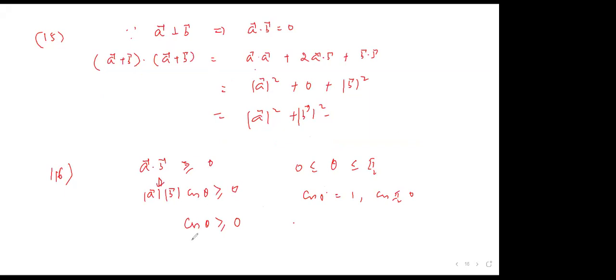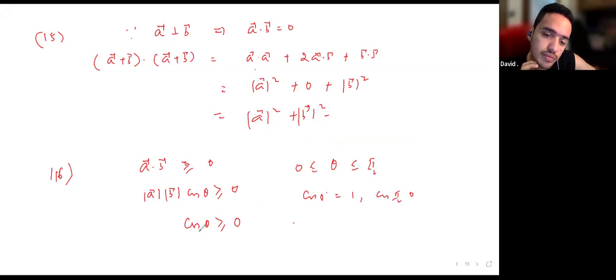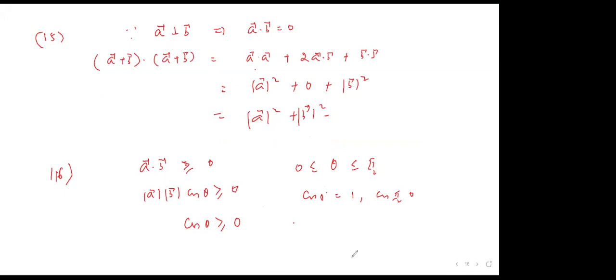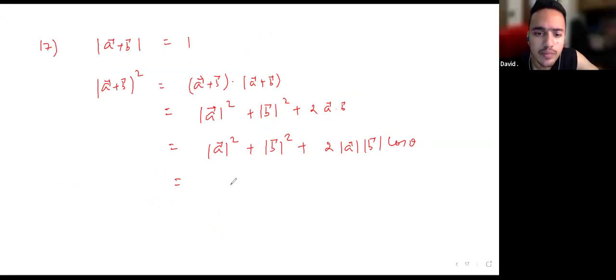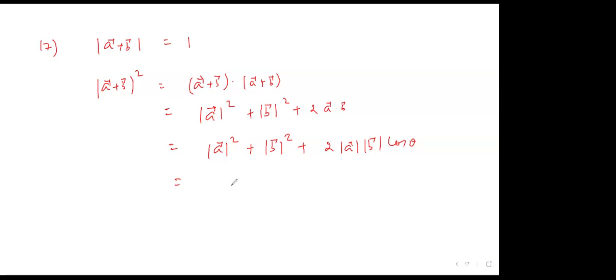We discussed earlier, in the beginning when we were discussing the concept. So magnitude of A and magnitude of B is given as 1. How did we come to know? It's given: let A and B be two unit vectors. Unit vectors means magnitude 1.